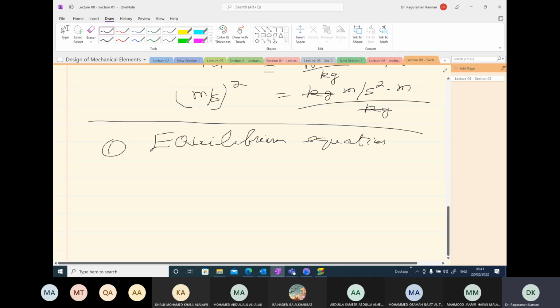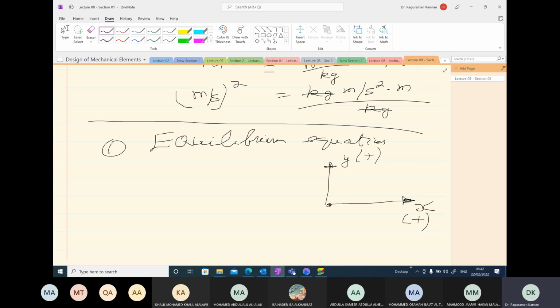On a 2D scale, this is the sign convention. We can extend it to 3D as well, or 1D. X is positive in this direction. Y is positive in this direction. Using the right-hand system for the coordinates, the rotation is positive in this direction: counterclockwise is positive.